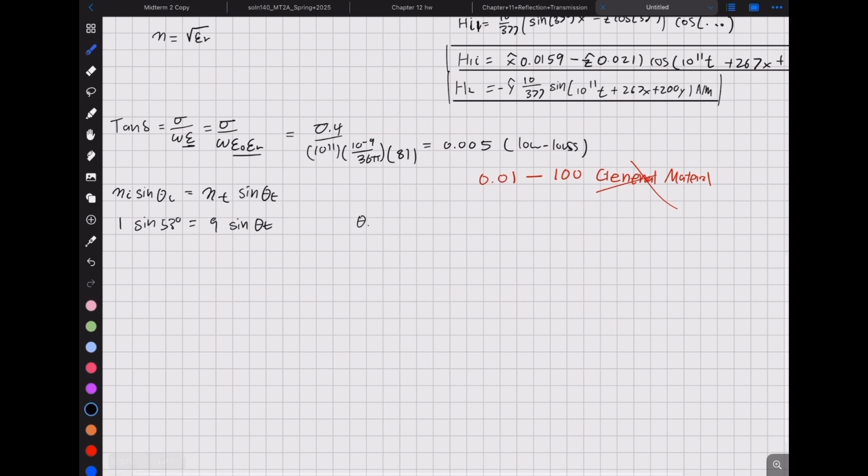So the angle of t is going to be the sine inverse of sine 53 degrees over 9, and that's going to give us 5.09. And this can be our angle transmitted.